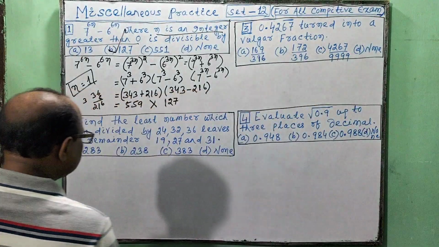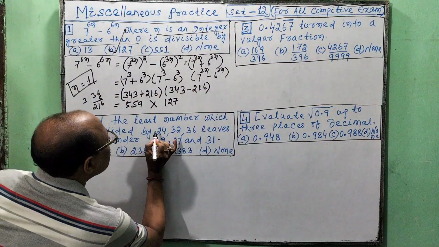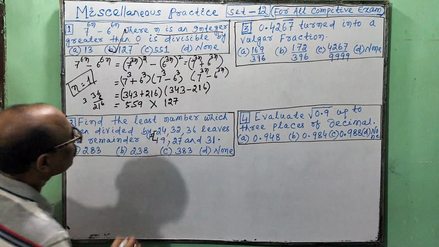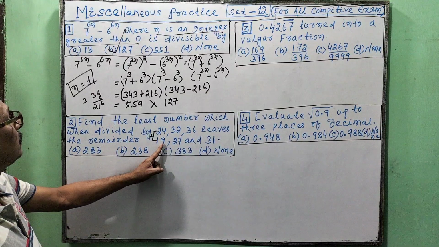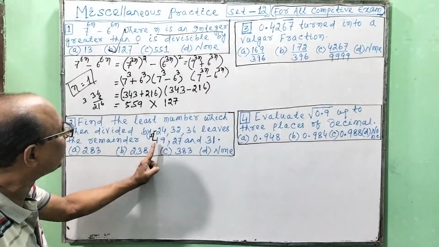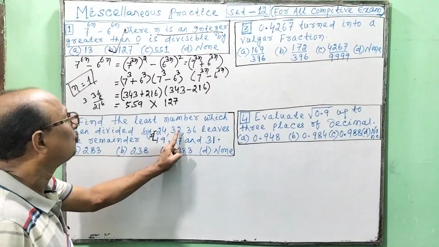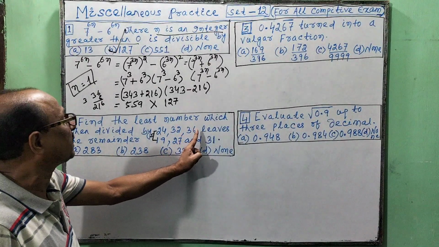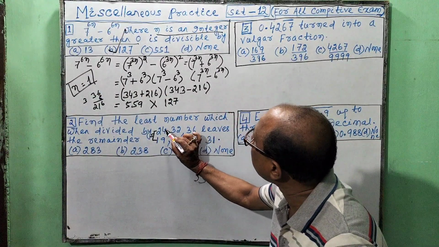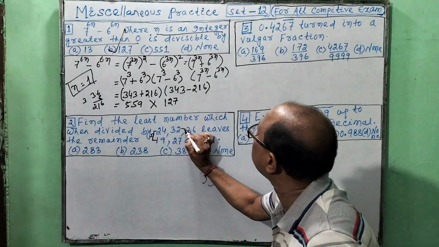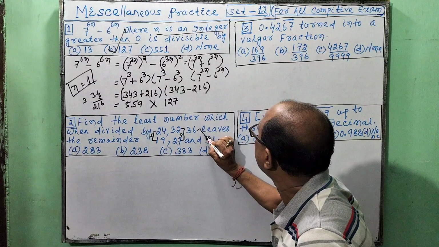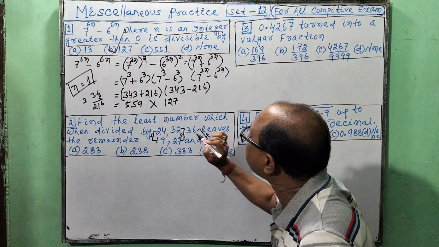Look, here the difference is 5: 24, remainder 19; 32, remainder 27; 36, remainder 31. The difference is 5 in each case. The question is given like this.